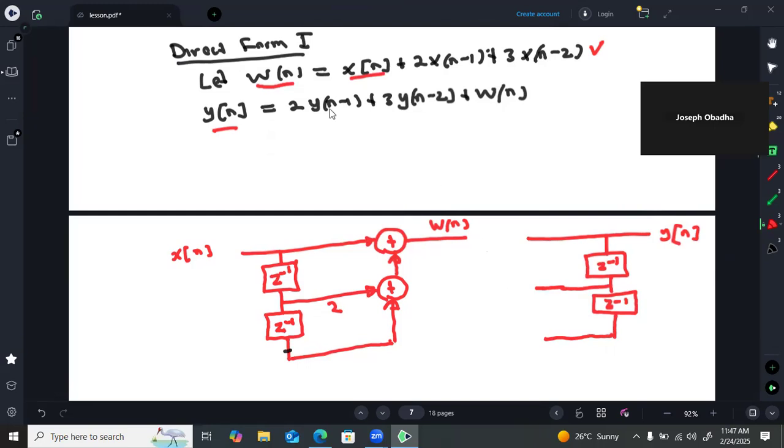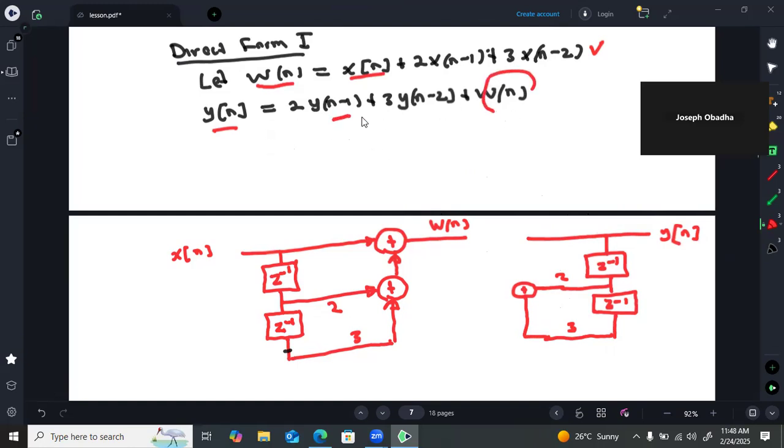The multiplying factor for y of n minus 1 is 2. Here I have 3. The same way we would have included the multiplying factor here. So once I add them up, then we add it to the w of n.